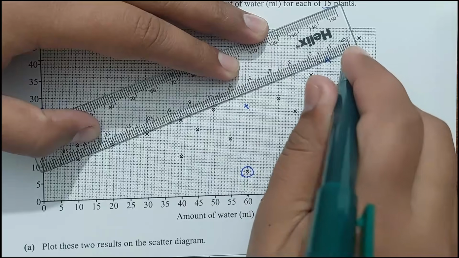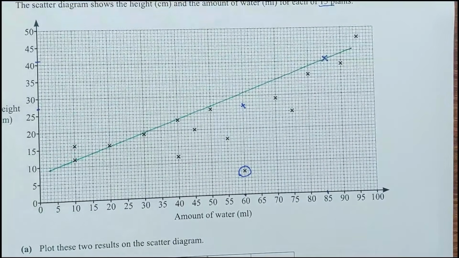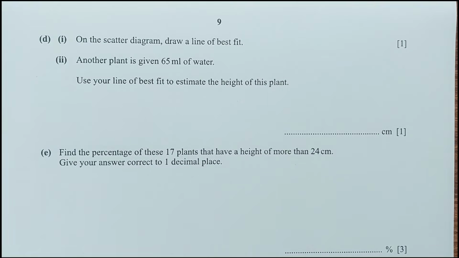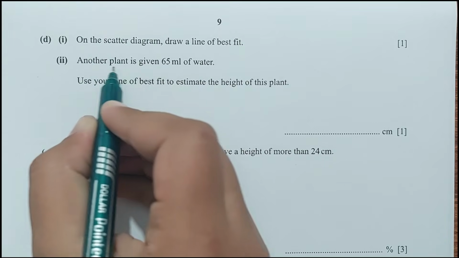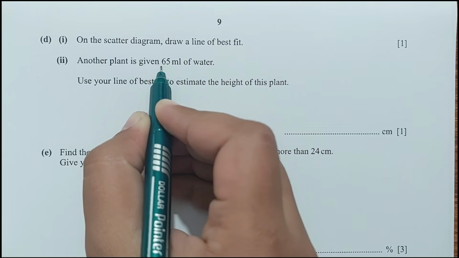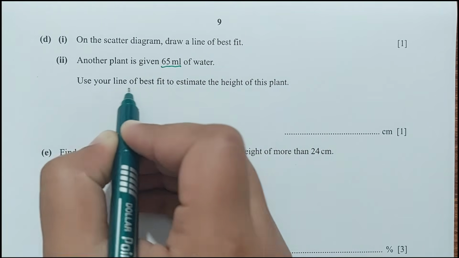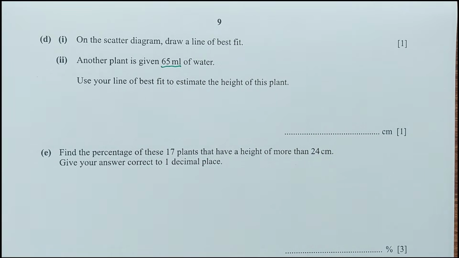Okay, I guess this should be my line of best fit. Right. Now for the second part, another plant is given 65 milliliters of water. Use your line of best fit to estimate the height of this plant. 65 milliliters.